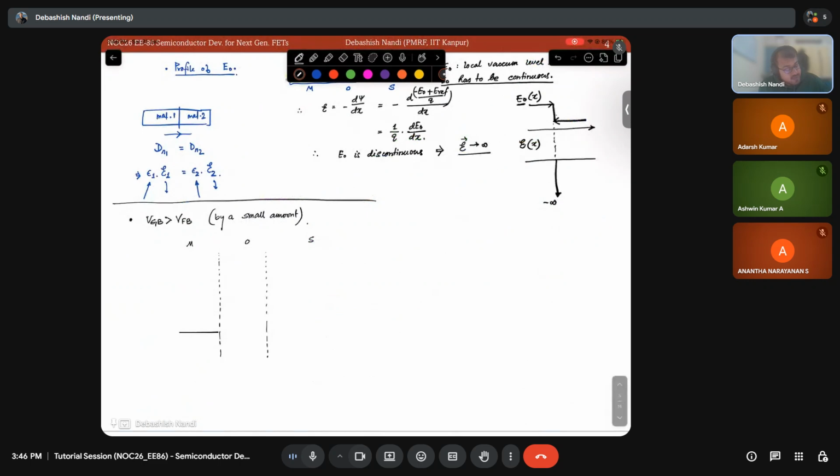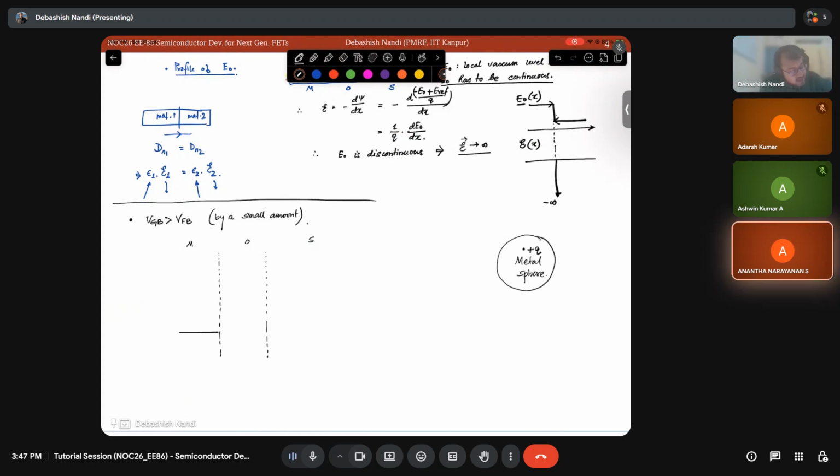So let's say if you have a metal sphere, solid sphere, and you are charging it with plus Q, let's say. Where will the charges lie inside the metal? It will lie on the surface. Why so? Because according to Gauss's law, charges cannot exist inside the conductor.